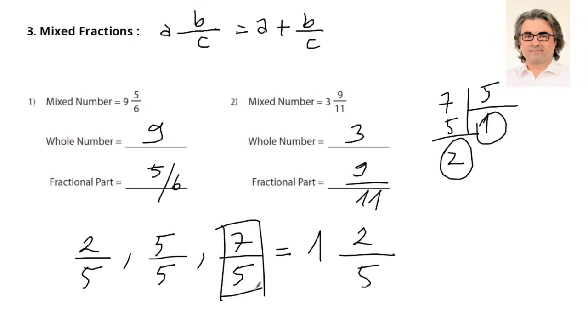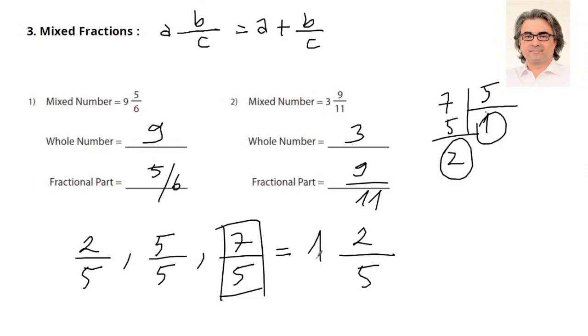And the reverse operation is also possible. If you have a mixed fraction, then you can have an improper fraction. Now, you have just learned how you change an improper fraction to a mixed fraction: make a division operation. After that, let's find a solution for the reverse operation.